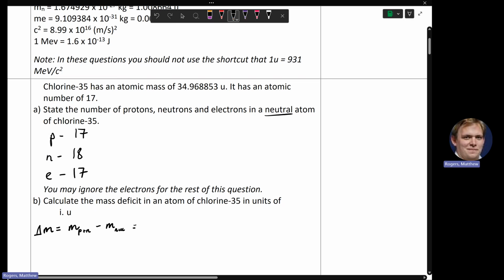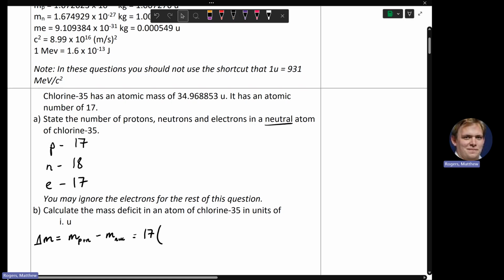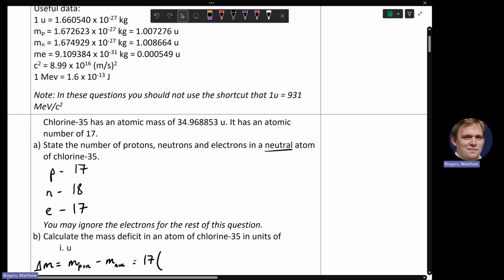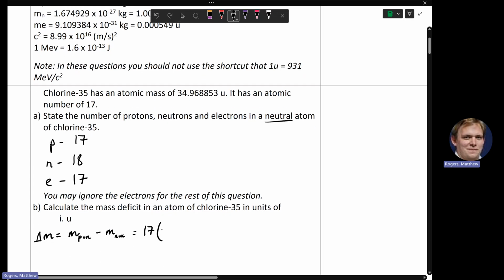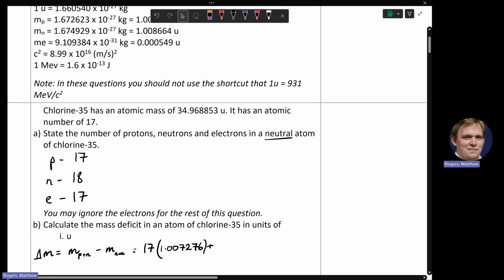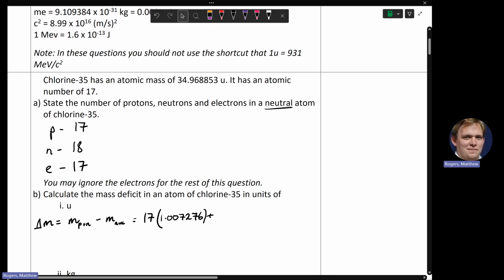So in this case, we've got 17 protons. From the data at the top of the page, we know they're 1.007276. Plus, we've got the neutrons, 1.008664.